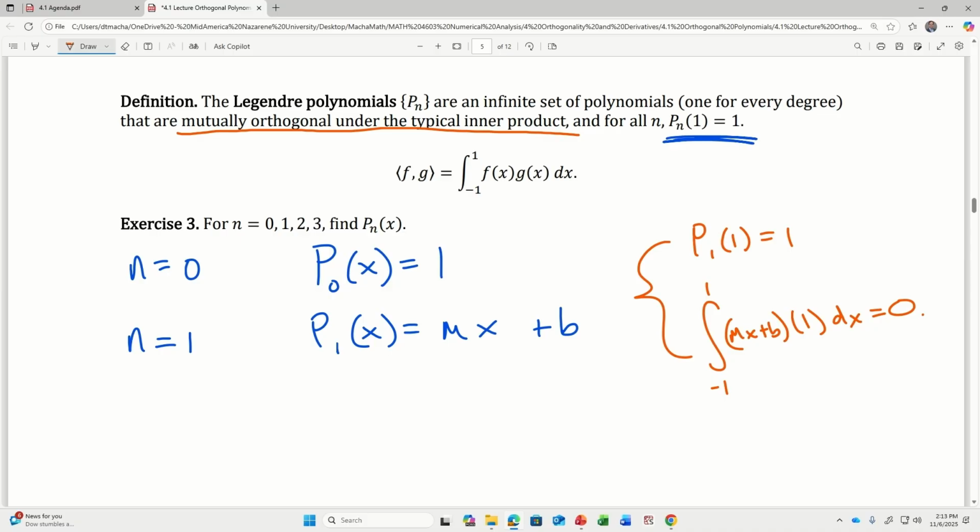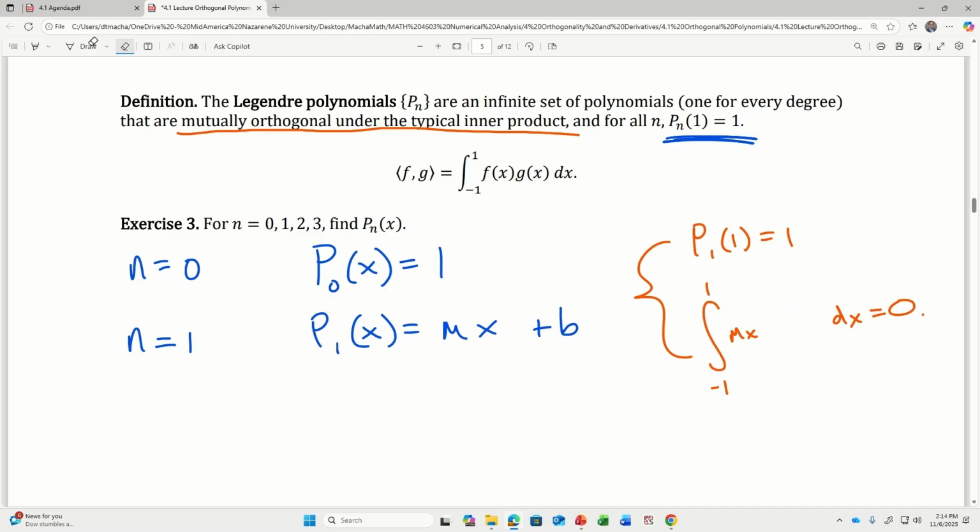In order for this integral to be 0, with bounds -1, +1, this integrand needs to be odd. It needs to be odd, so I can't have a little plus b there, or else it's going to mess up the oddness, right? So forget about the plus b.